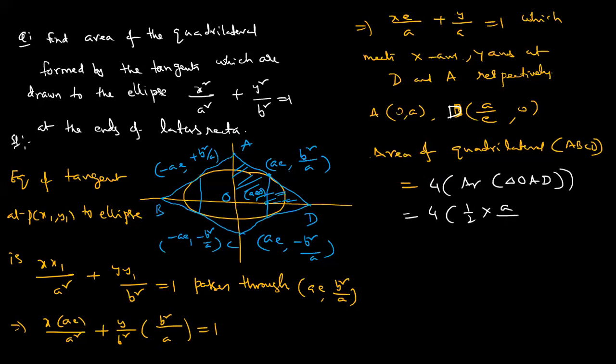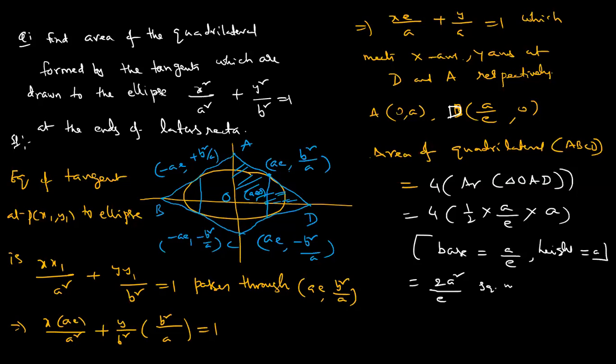That is a/e. What is the length of OA? That is a only. See, dear students, the base is a/e and the height is a. So therefore 2a²/e square units is the area of the quadrilateral. Right?